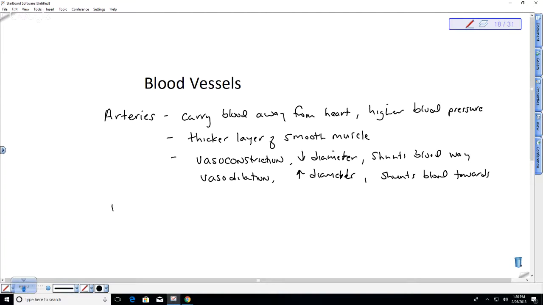We also have veins, and by definition, the veins carry the blood back to the heart. And it is at a lower blood pressure.